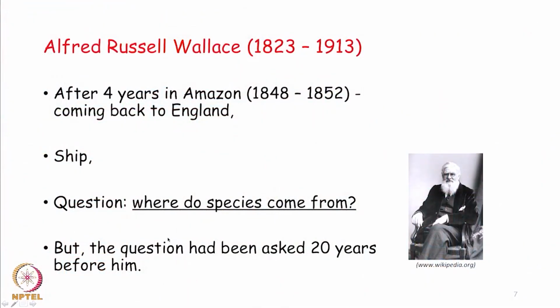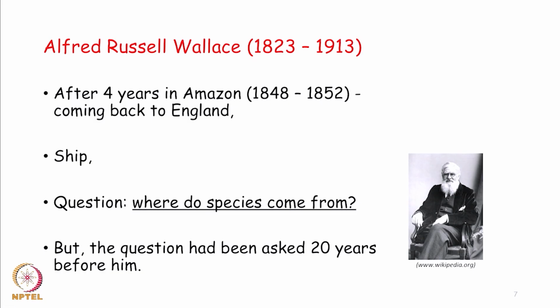Wallace is devastated because he spent 4 years of his life in the Amazon collecting samples. And the question that propelled him to go to the Amazon and collect samples extensively was the following, which is given on the slide here. He was interested in the question: where do species come from?